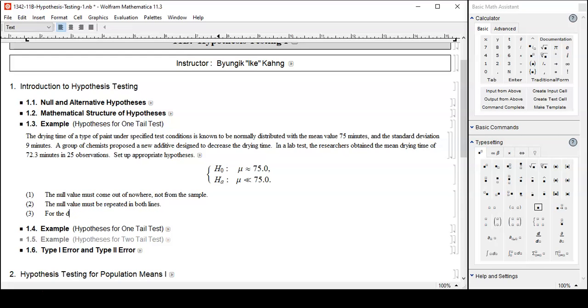For the direction, first read the problem and then cross-check with the sample mean.